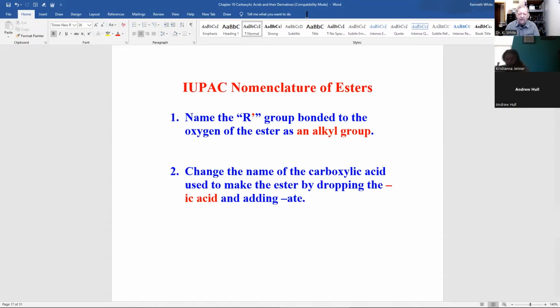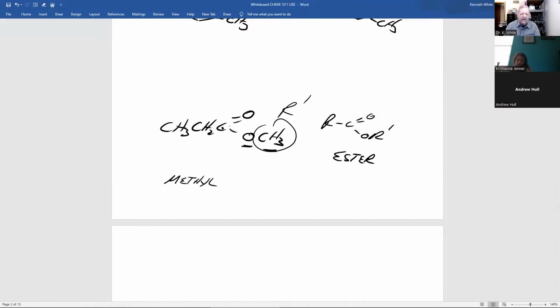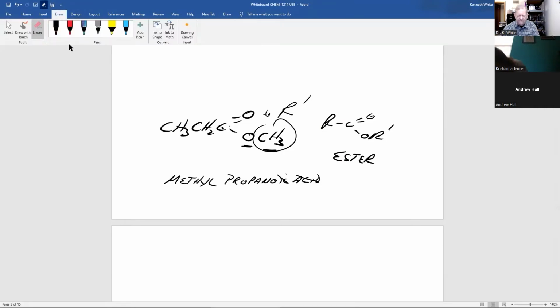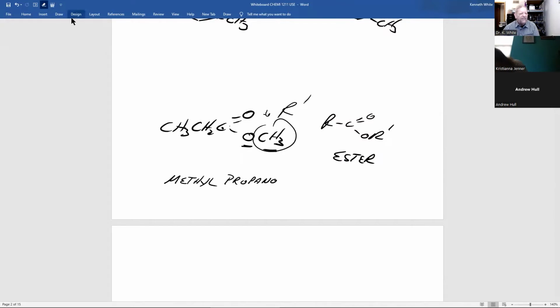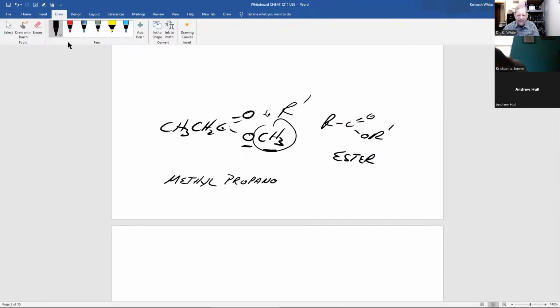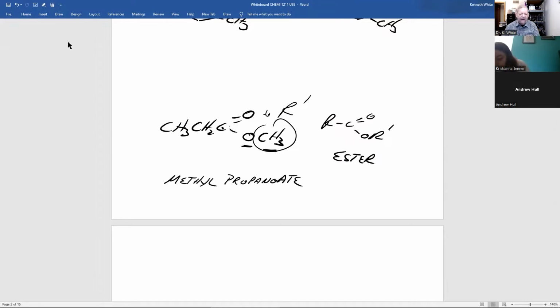So if R prime was a hydrogen, this would be propanoic acid. We drop the IC and the word acid and then add ATE. And that's methyl propanoate.